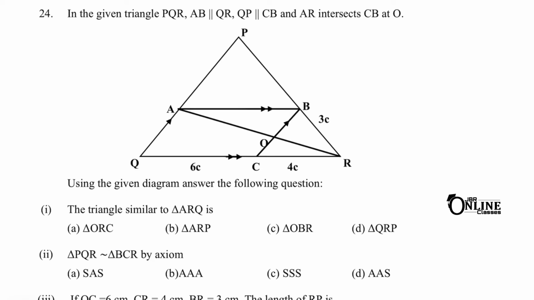AQ is parallel to BC, that means AQ is also parallel to OC. As these two lines are parallel, then definitely in this triangle ARQ, the triangle OCR.